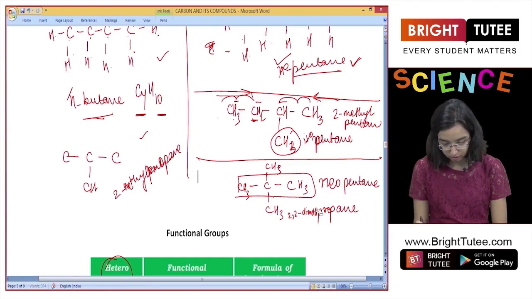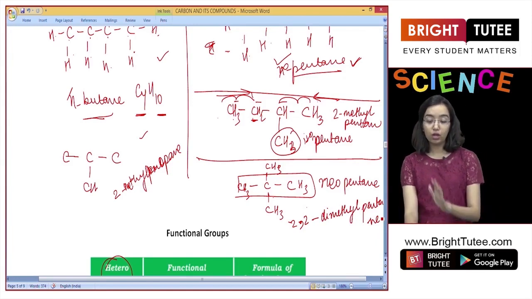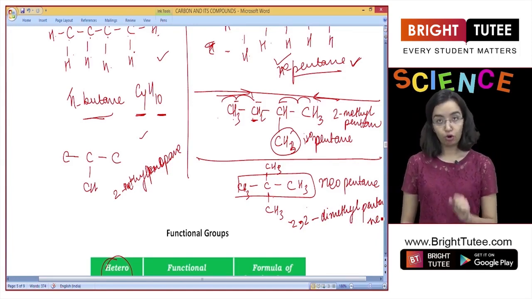I'll just write it again. It is called 2,2 dash dimethyl pentane. Right? So it's a 2,2 dimethyl pentane because 2 methyls are attached on the same position 2.